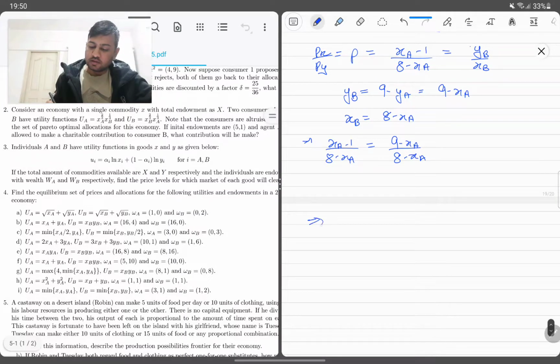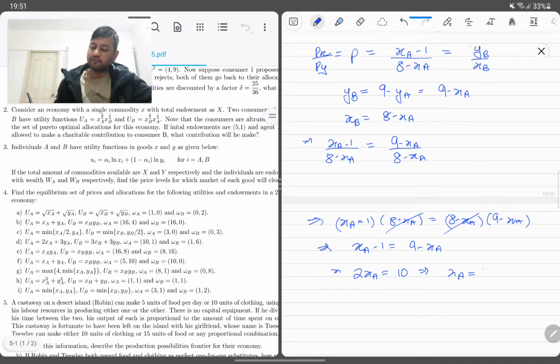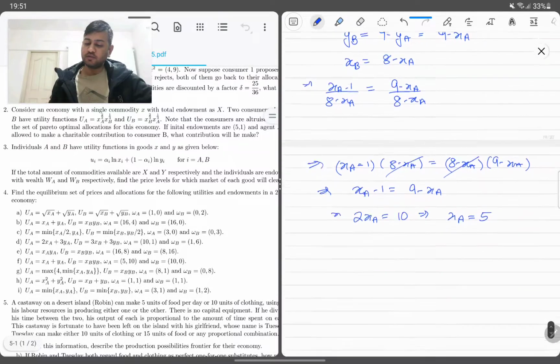Now let me solve this. So XA minus 1 into 8 minus XA is equal to 8 minus XA into 9 minus XA. 8 minus XA cancels with 8 minus XA. So what I get is that XA minus 1 must be equal to 9 minus XA. This implies twice XA must be equal to 10. This implies XA must be equal to 5. Okay. So my XA should be 5.